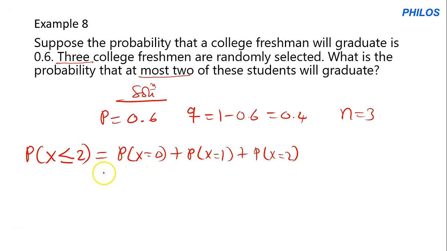Okay, so let's find a probability that X is exactly 0, and that should be what?